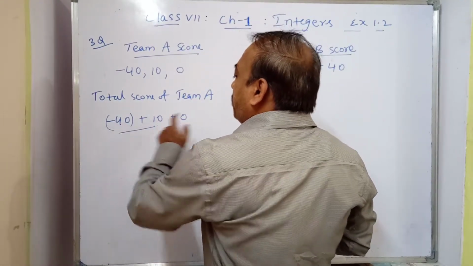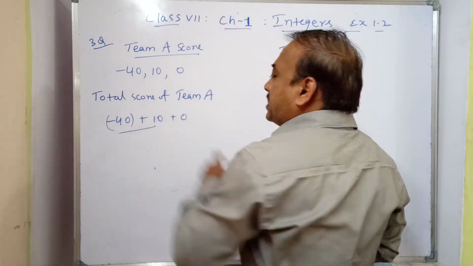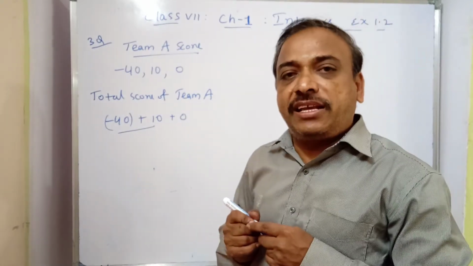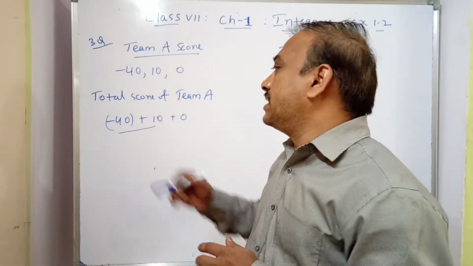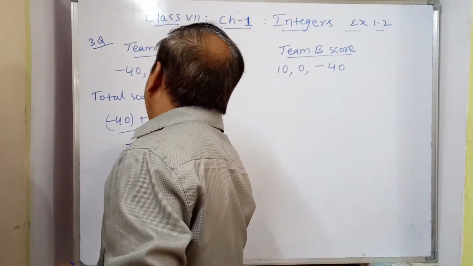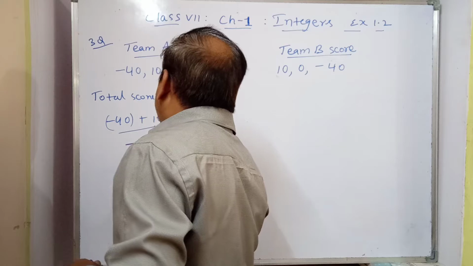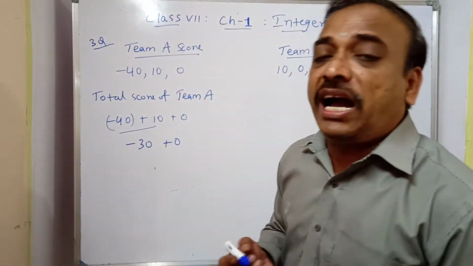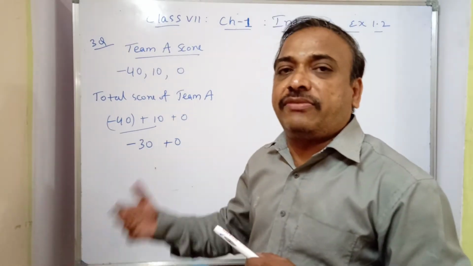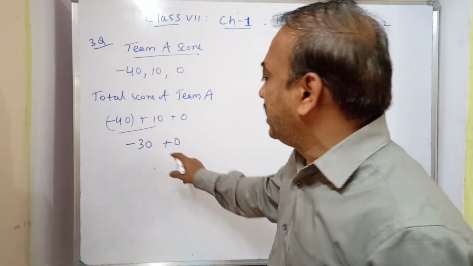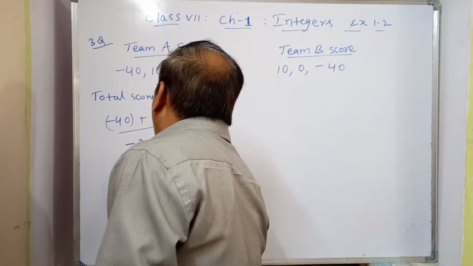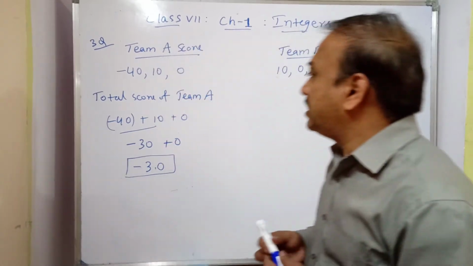So minus 40 plus 10 will give you, ignore the sign and subtract, keep the bigger number's sign for the result when you add integers of different signs, minus 30 plus 0. Minus 30 plus 0, as the additive identity we know, if you add 0 to any integer, the result will be the same integer. So minus 30 plus 0 is equal to minus 30. This is the score of team A, minus 30.